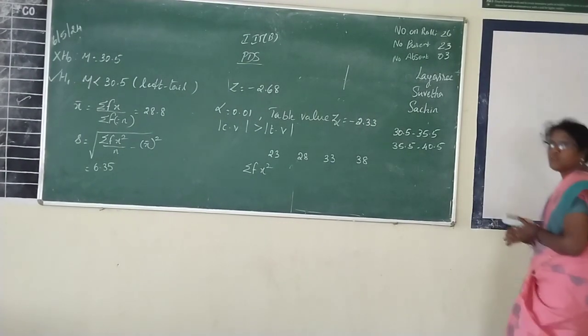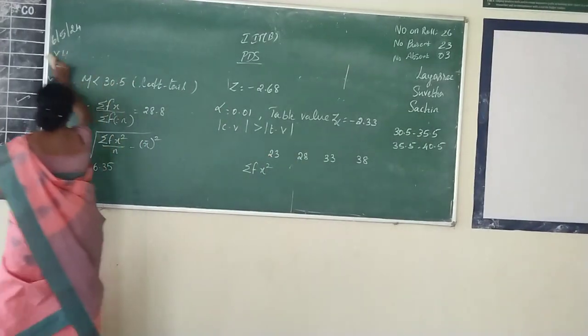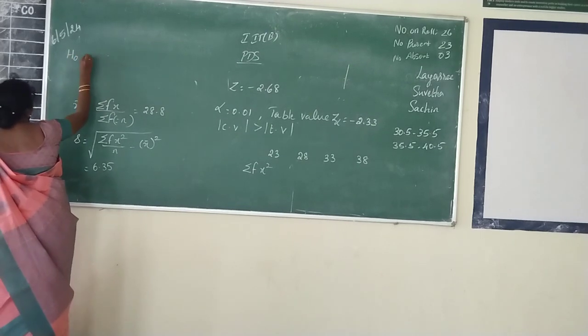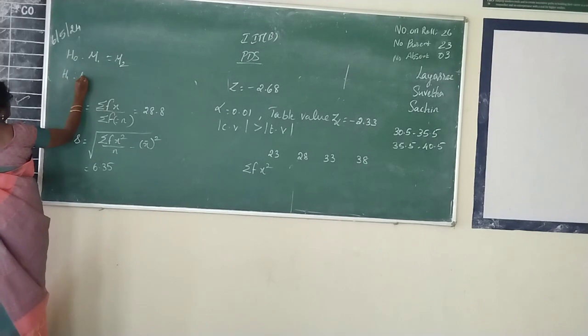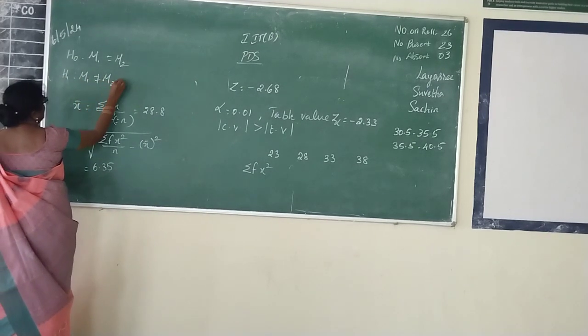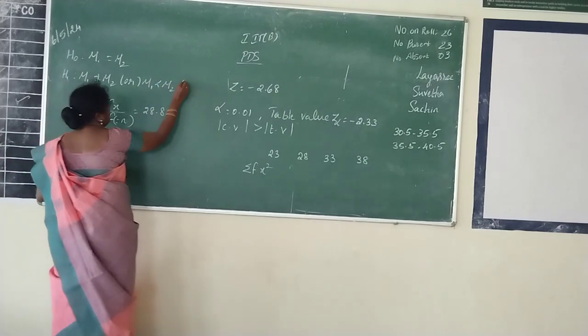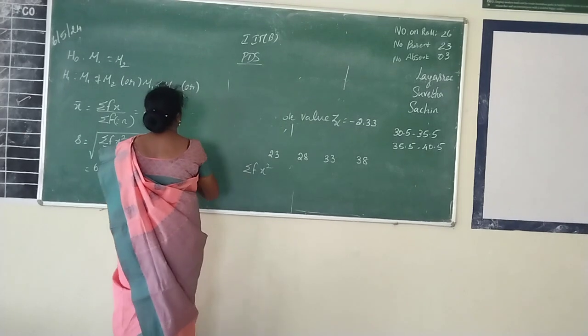Let's say correctly. H0: mu1 equal to mu2. H1: mu1 not equal to mu2, or mu1 less than mu2, or mu1 greater than mu2. Again three possibilities.